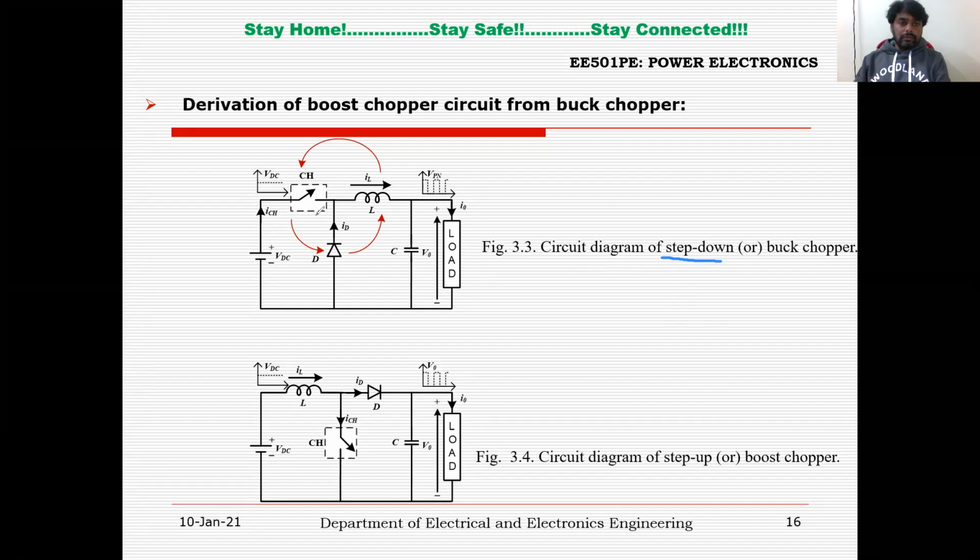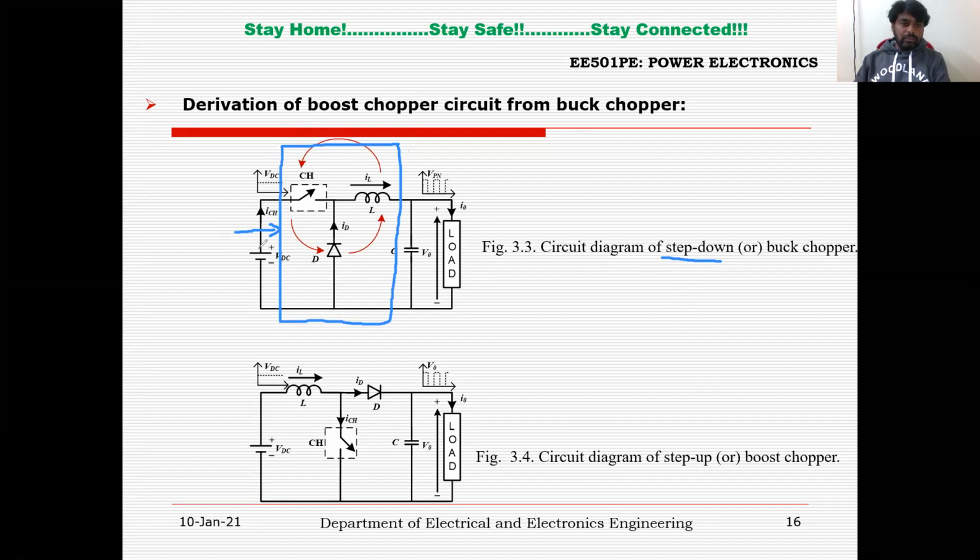Here we can see the power converter consists of three elements: chopper, diode and inductor, which performs the DC to DC conversion.